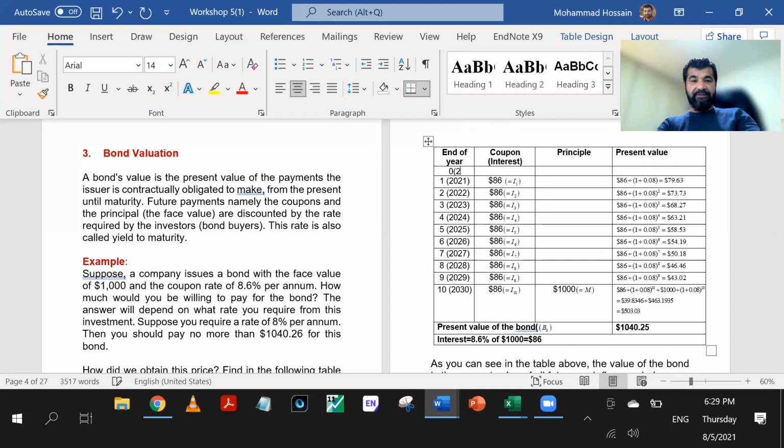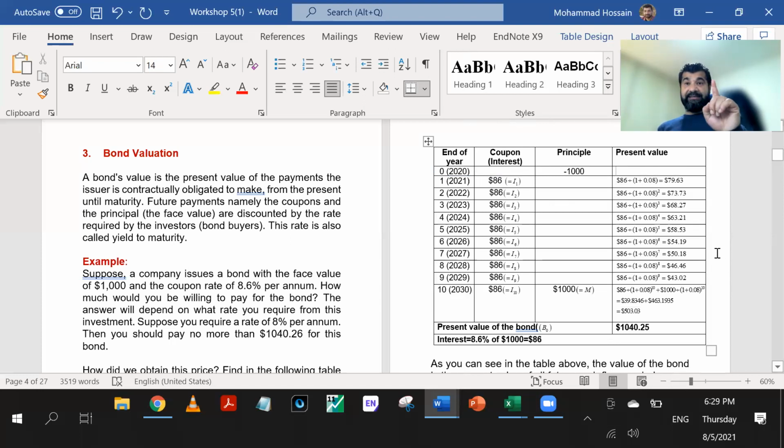Let's say 2020. At 0, you pay the principal amount, minus 1,000, at the end of year.